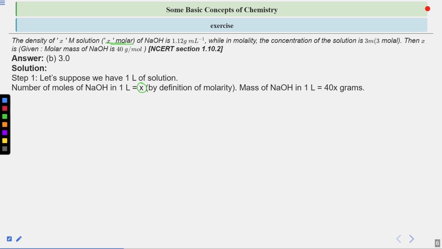And whenever we say that X is the molarity, it means in 1 liter of the solution, we will have X moles of the solute. Okay. So again, this is from the definition. I guess you don't have any issues in this.